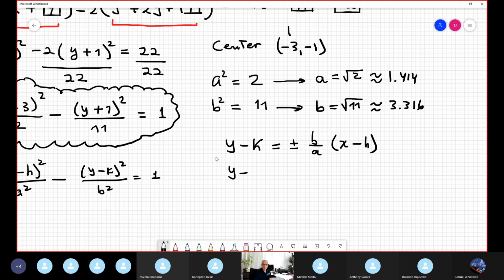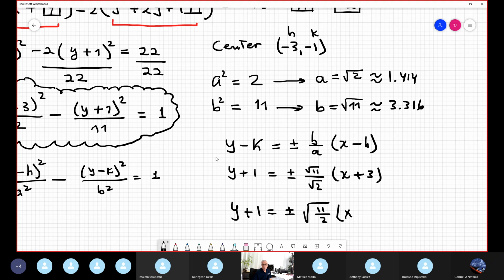This is equal to plus or minus, and b is radical 11 over radical 2, a. And x minus h, h is negative 3, so x plus 3. It's weird, but you can write it like that if you want: plus or minus radical 11 over 2 times (x plus 3).